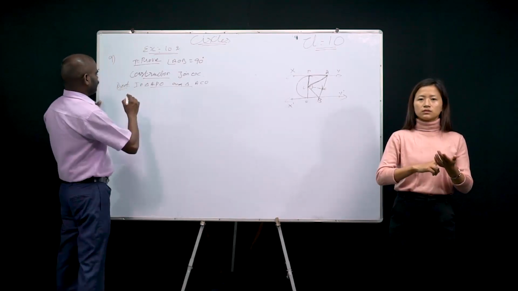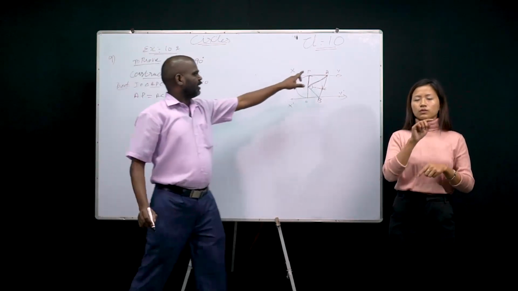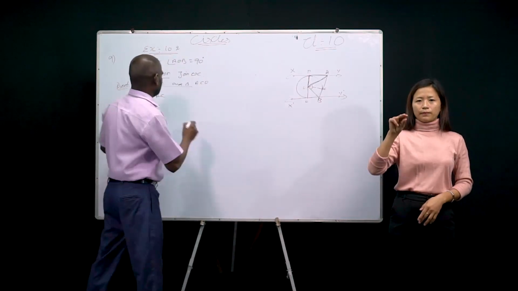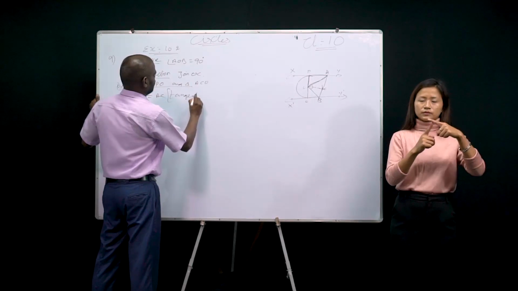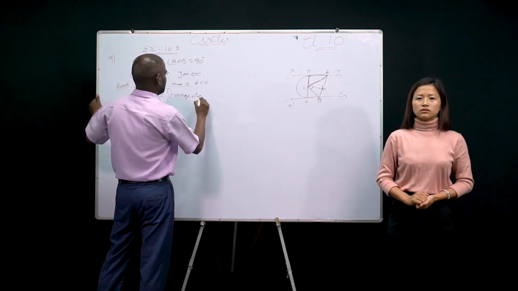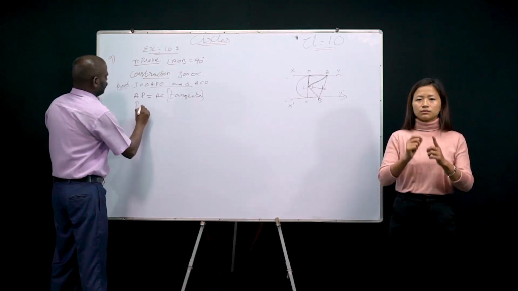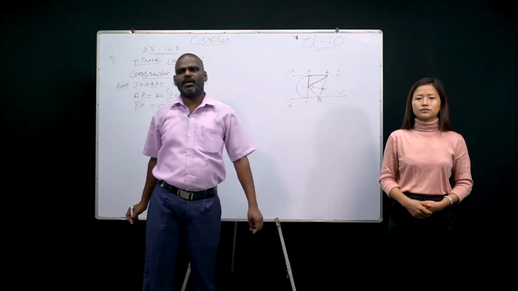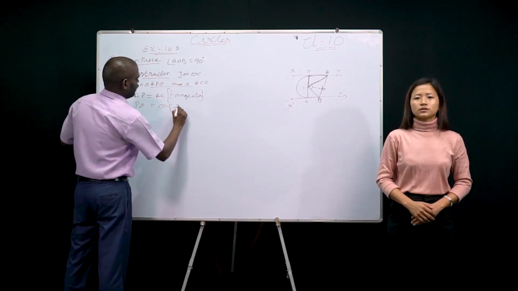How to prove congruent? AP equal to AC or not? Yes. Why? Tangents, right? Next, PO and CO equal or not? Yes. Why? Radii, right?